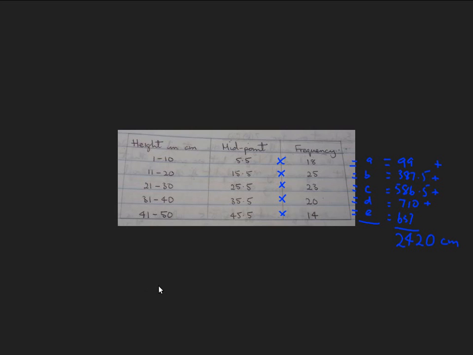And if we want to find the average, then it's that divided by 100, which is the total number of seedlings. So the average is equal to 2420 divided by 100, which is equal to 24.2 centimeters. That's the average height of the seedlings.